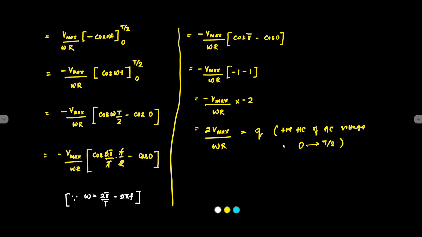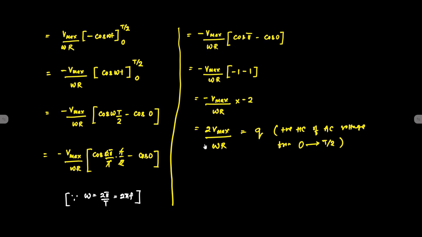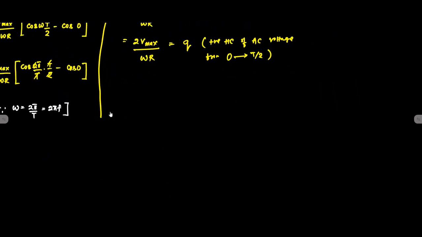This is the charge transferred by the positive half cycle of the alternating voltage from 0 to T by 2, 2 V max by omega R. Now we want to determine the equivalent DC representation, the DC voltage. So what we are trying to do is this.